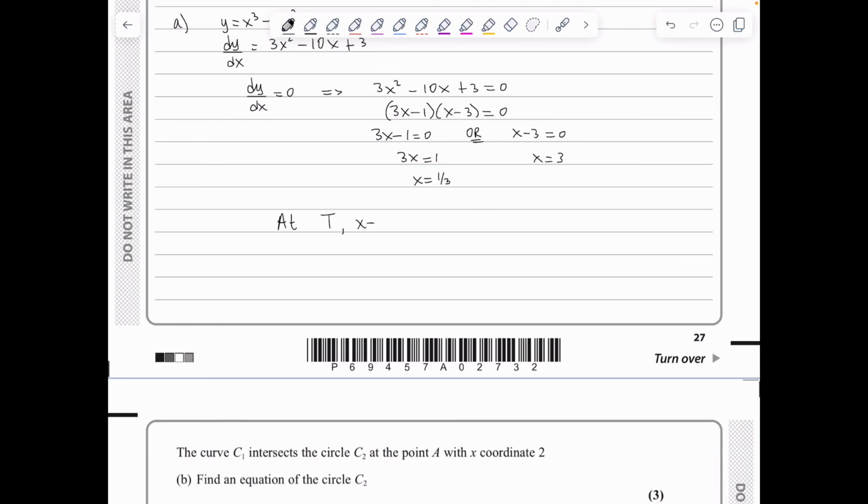So at T, x is 3, which means that y can be found by substituting 3 into the expression for the curve. So it's going to be 3 cubed minus 5 times 3 squared plus 3 times 3 plus 14, which gives an answer of 5, and therefore we conclude that T has coordinates (3, 5).